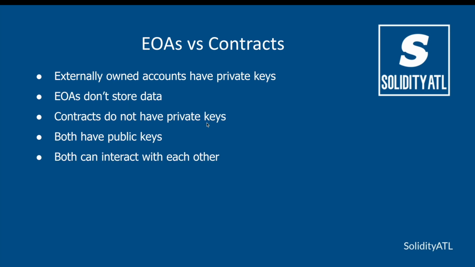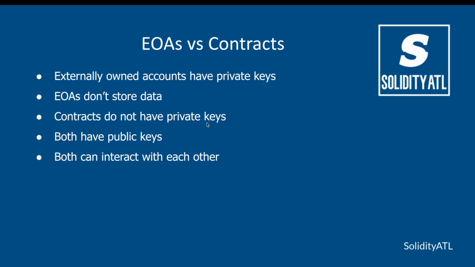The thing we're going to cover in this module is the difference between EOAs and contracts. EOAs are externally owned accounts. These essentially have private keys, and then you have contracts which do not have private keys. EOAs do not store data. Contracts do.